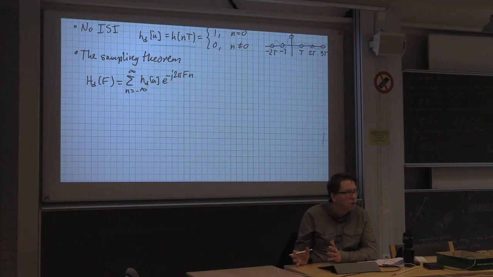So it's just the definition of the discrete time Fourier transform. What is this equal to for HD in this case?